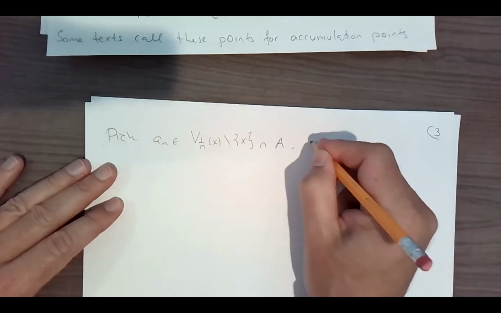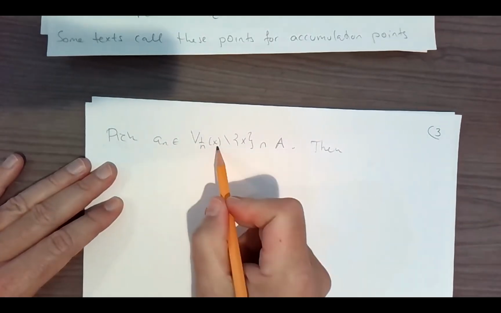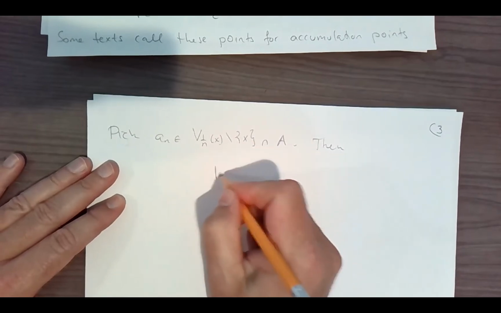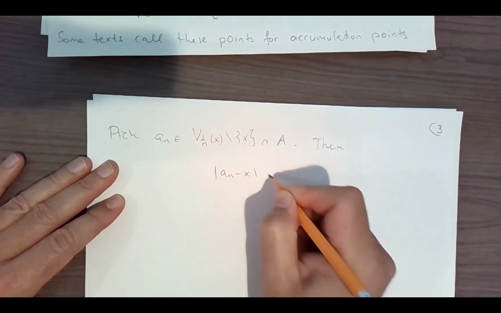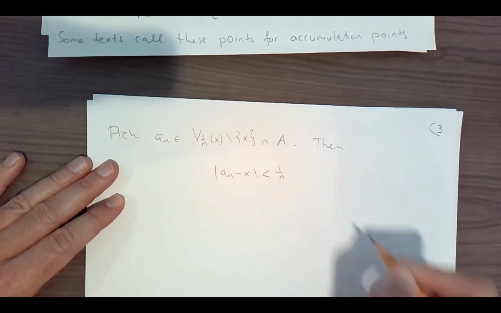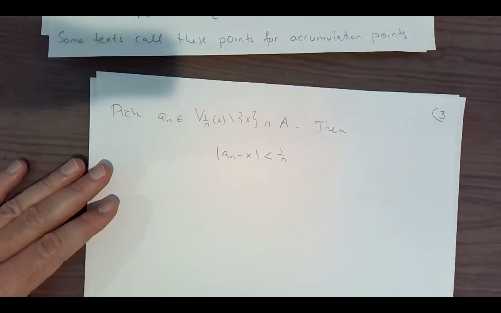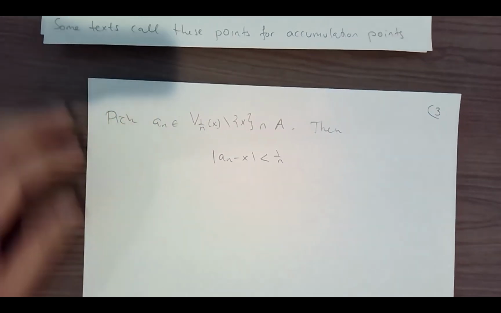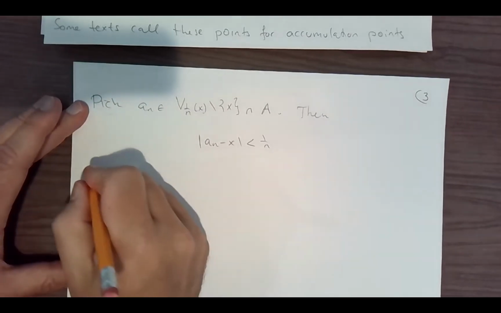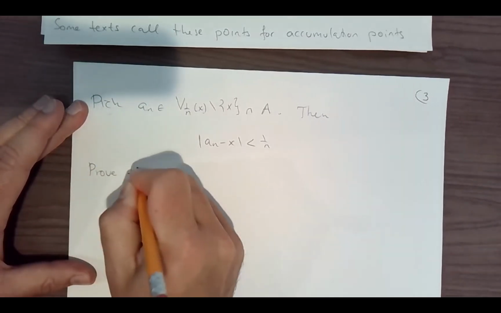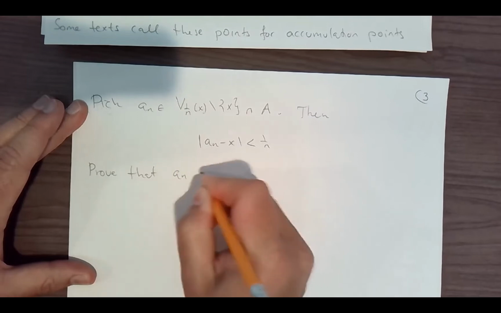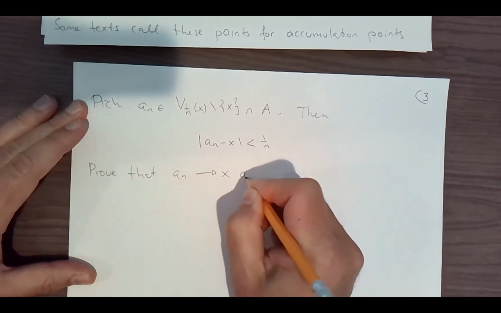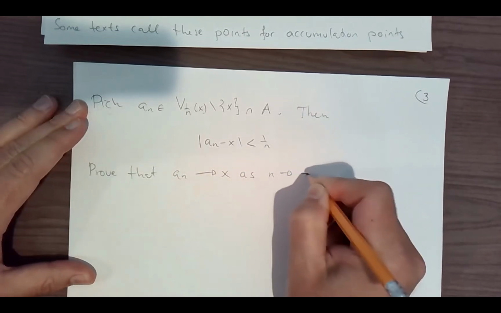And then we know an is going to be close to x. I know that an and x are close to satisfy this. And so what remains is just to prove here that an indeed converges to x as n goes to plus infinity, right?